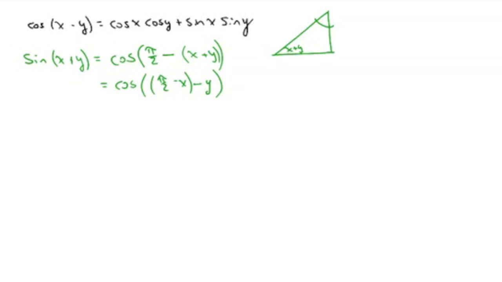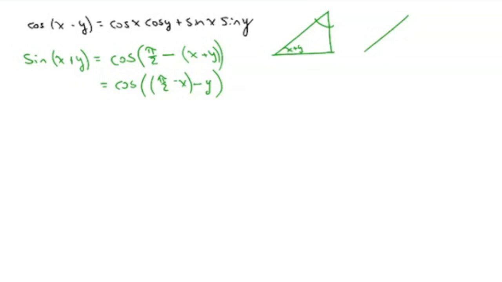And I'm going to attach the pi over 2 to the x, so it becomes pi over 2 minus x, and then minus y. It's just a grouping. I shifted the parentheses around, but I had to distribute the negative first. Because I know an identity that says cosine of this is equal to sine.